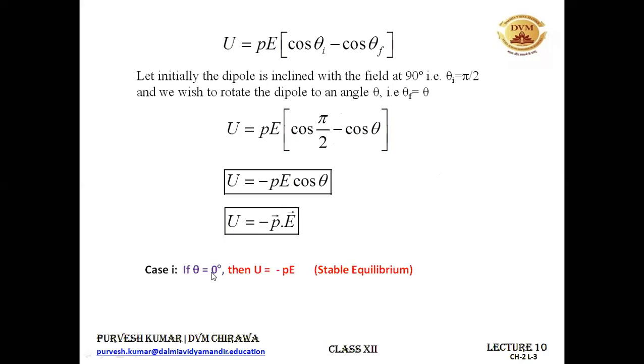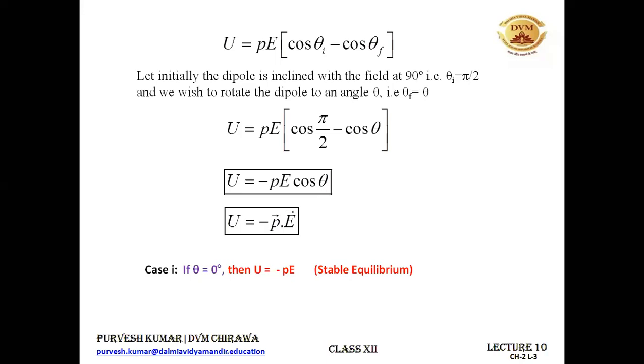Case one, when theta equal to 0, it means you want that your dipole should be rotated from pi by 2, that is earlier it is placed perpendicular to the electric field, and from there you want that it should be rotated to an angle 0 degree. All right. So when this theta becomes 0 degree, the equation becomes minus PE cos 0 is 1, and that is the condition for stable equilibrium. It is the condition for stable equilibrium of the dipole.